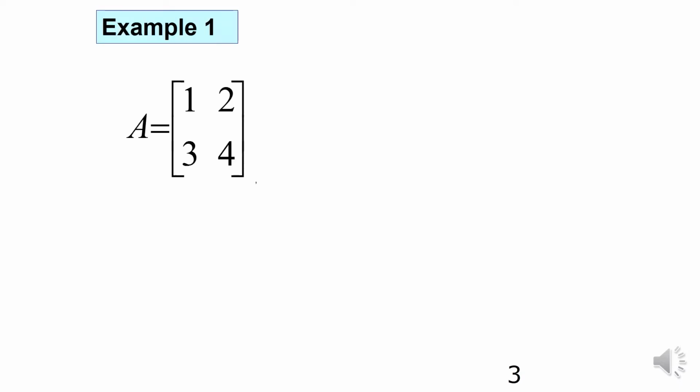For example 1, we have matrix A, 1, 2, 3, 4. Matrix A is a 2 times 2 matrix. And we have matrix B, 4, 3, negative 5, 6. So matrix B also has a 2 times 2 matrix.